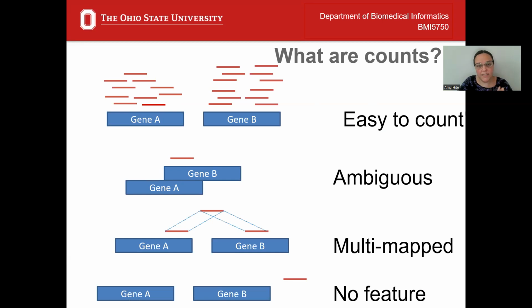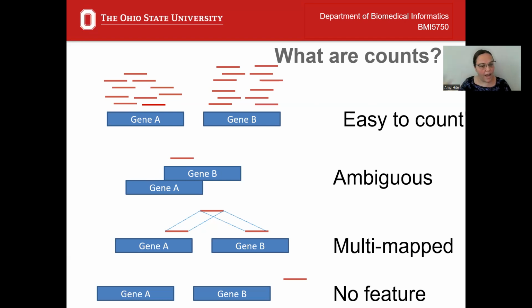There also could be an instance where a read we're trying to find a place for in the genome, we're mapping it to the genome. It could be that this read maps pretty well to this location on gene A, and it maps pretty well to this location in gene B. And this is an instance of multi-mapping. One read mapping to multiple places.